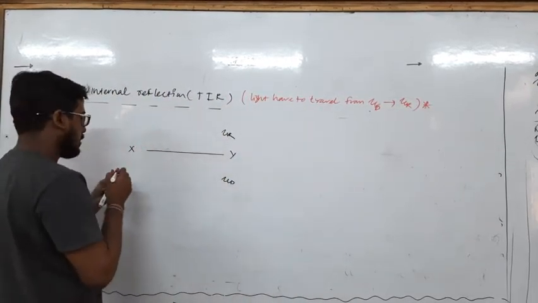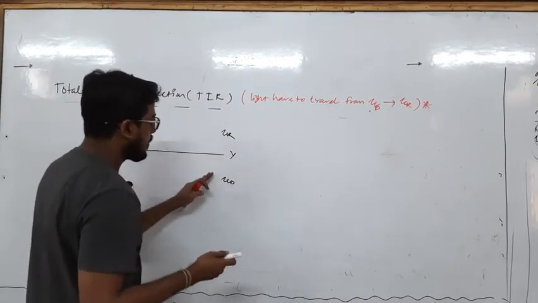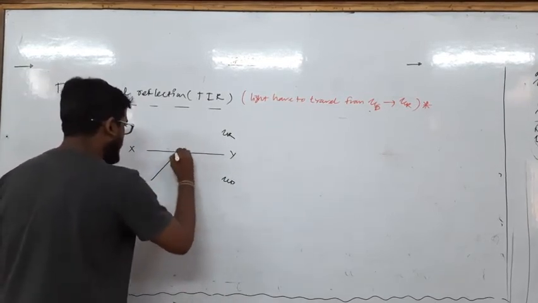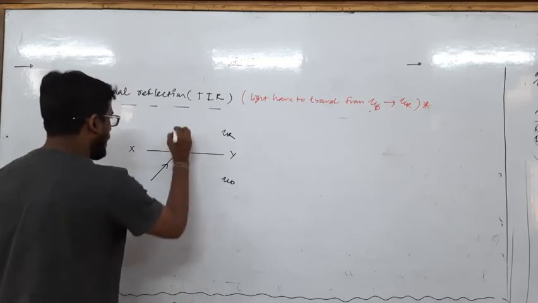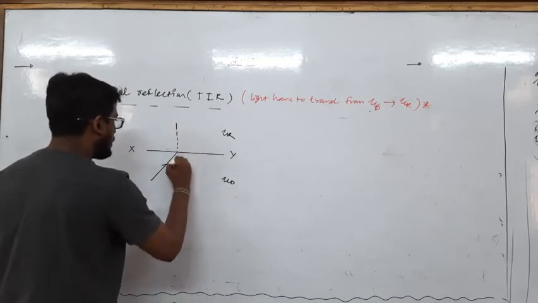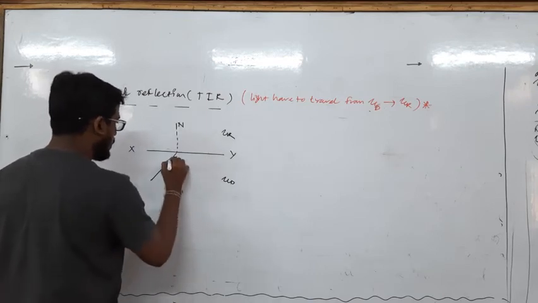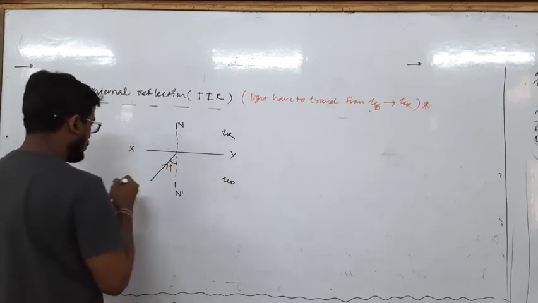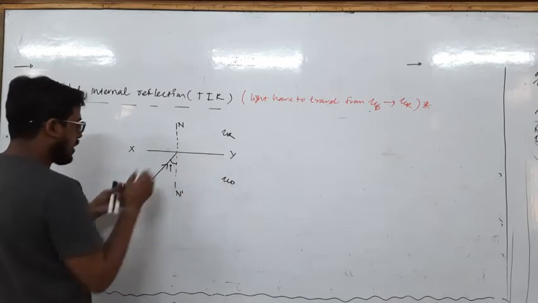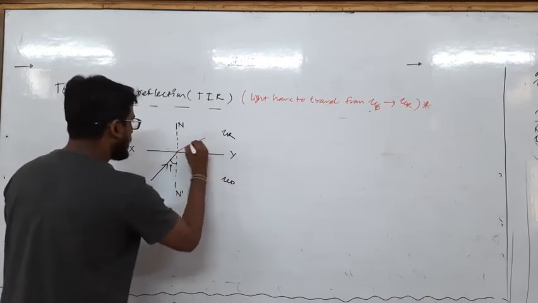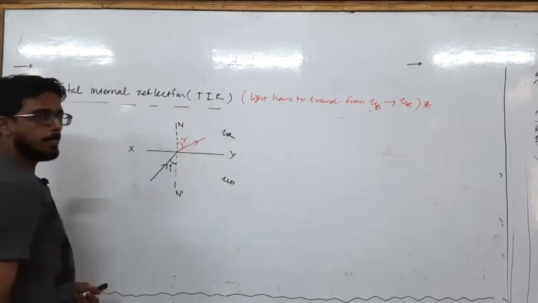So what is total internal reflection? First of all, light travels from denser to rarer medium. Let us consider an incident ray, this one, and here is the normal N dash, and the angle of incidence is I. As the light travels from denser to rarer medium, after refraction it bends away from the normal and goes like this. This is the angle of refraction R. Clear?